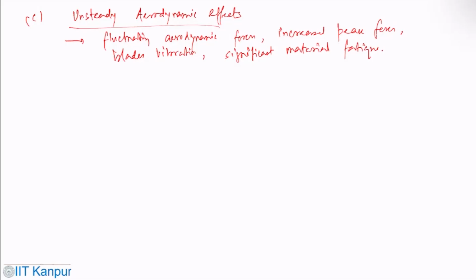Moreover, these transient effects of tower shadow, dynamic stall, dynamic inflow, and rotational sampling change turbine operation in unexpected ways. Obviously, any unsteady condition can change this whole aspect of operational performance.